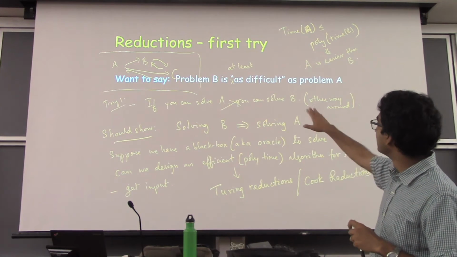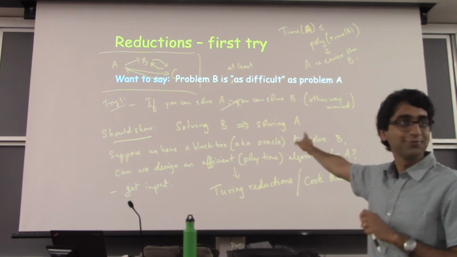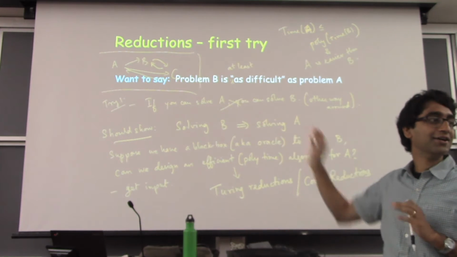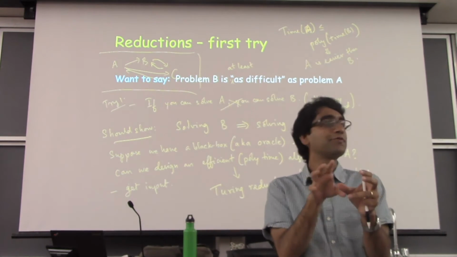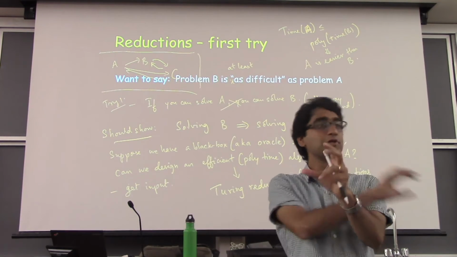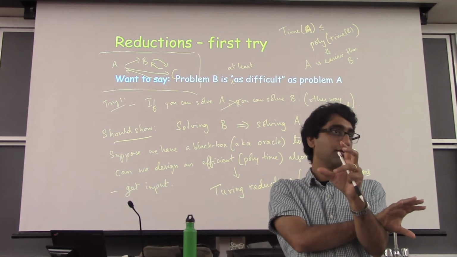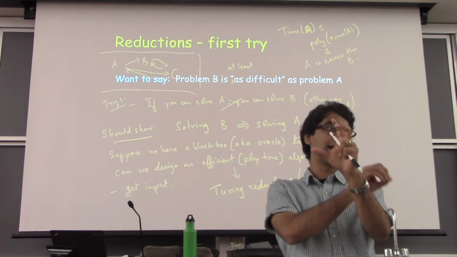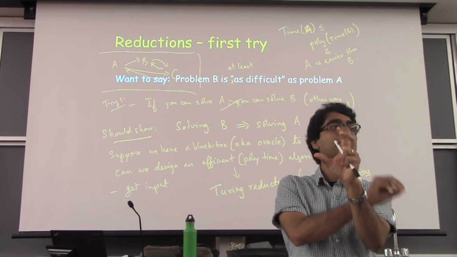Basically, if you have a way of solving B, suppose you can solve A. Then intuitively you are saying that A is an easier problem to solve than B.